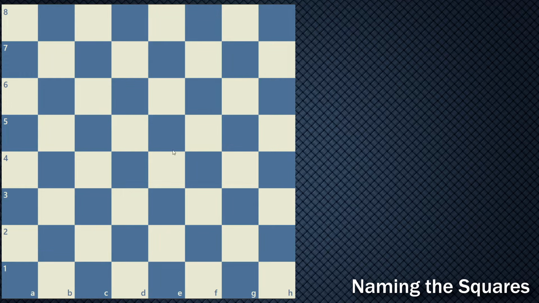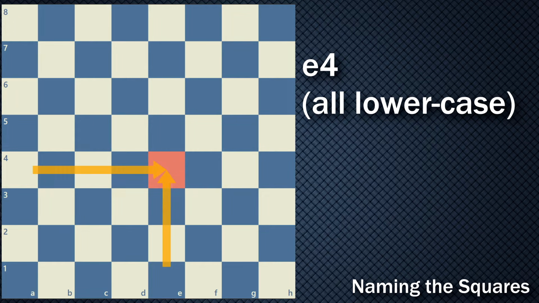If you combine the two together, you get the name of the square. Here we have e4, written in algebraic chess notation as a lowercase e and then the number 4. As you can see on the right-hand side, I wrote down e4 for this square.